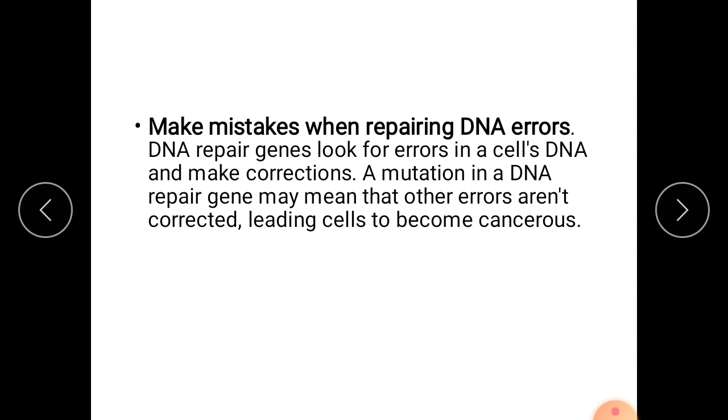So usually what happens, in normal cells during replication of DNA, some errors may happen. These errors are corrected by DNA repair genes. But in cancer cells, DNA repair genes are not correcting the errors that have happened during the replication of DNA. So that leads to the development of cancer cells.